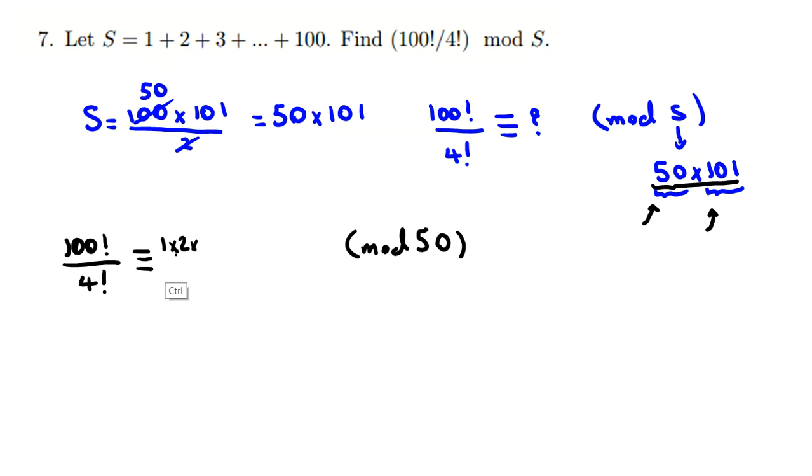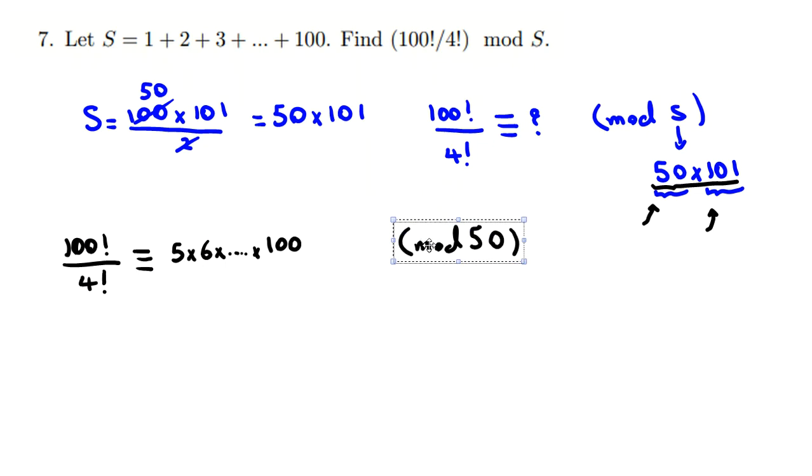So if I write 1, 2, 3, 4, it will be 5 times 6 times 7 up to 100. And it's obvious that it's a multiple of 50 because it's an integer multiple of 50, multiple of 100. So this one is congruent to 0.